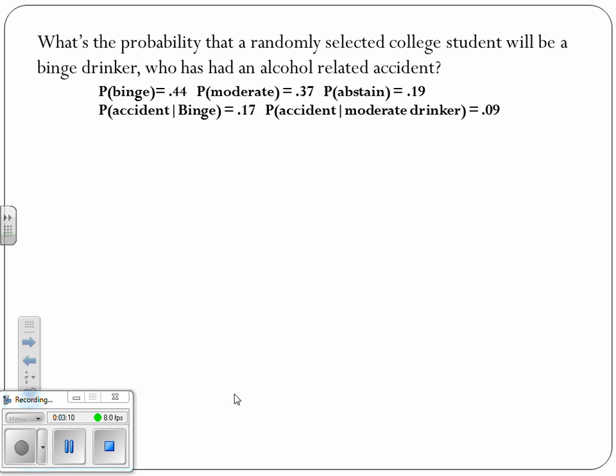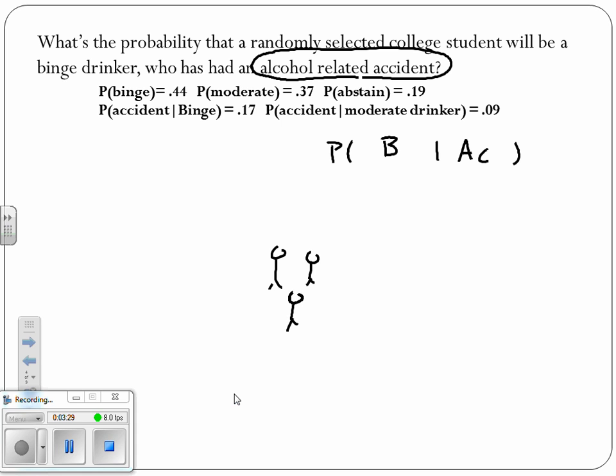So here's one of those situations. We know that we're pulling from the group that's had an accident. So as a probability statement, right, we know the student has had an accident. So out of those accidents, we want to figure out the probability that that's a binge drinker. So again, if you got your student population this time, we're actually going to say, out of all you guys that are in the study, what we're going to ask is that all the folks that have had an accident grouped together.